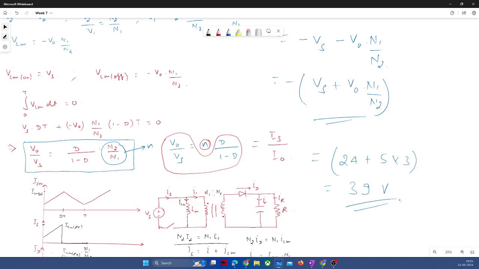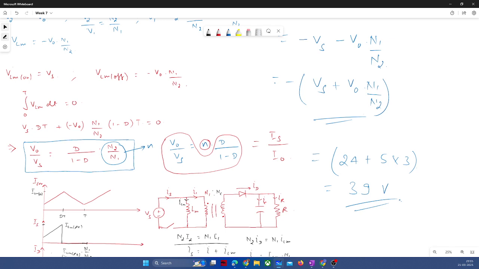During off time, the ILM should come to zero for complete reset. That is for the forward converter.